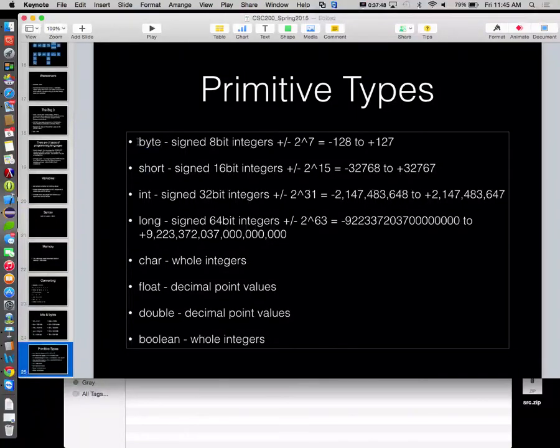You might see somebody using bytes, but for a different reason. If they're streaming, if they're writing a program that deals with streaming video or something like that, where things are coming in 1 byte at a time, it might make sense for them to deal with it in terms of bytes, not for any sort of memory reason. Because today, we don't really care about memory.